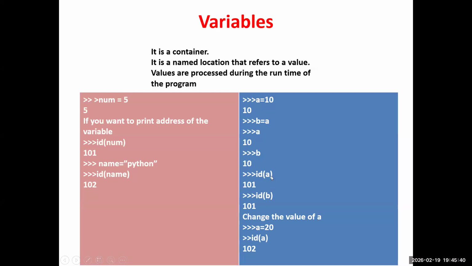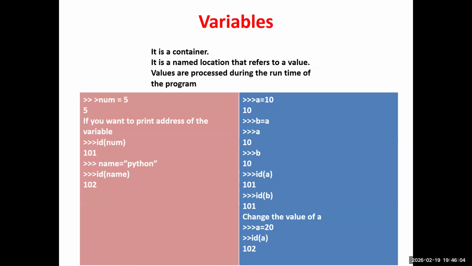Then if you want to find out the memory location of the variable, id of A is 101, and id of B is also 101, because A and B have the same value. Then suppose you change A to 20.